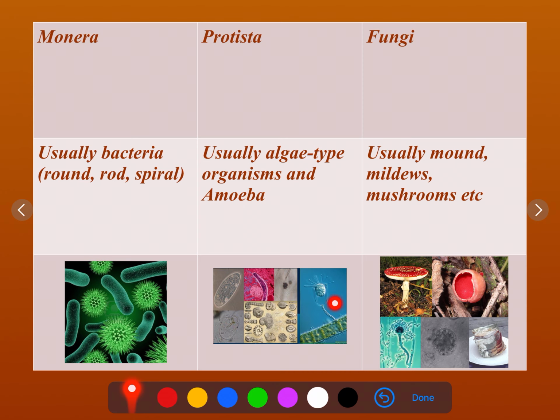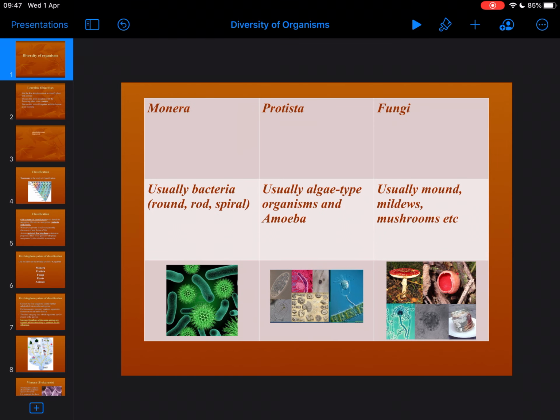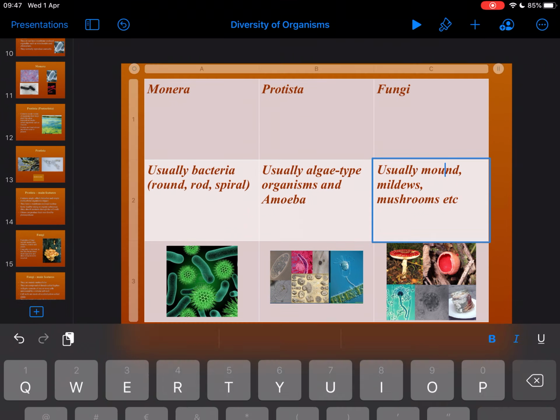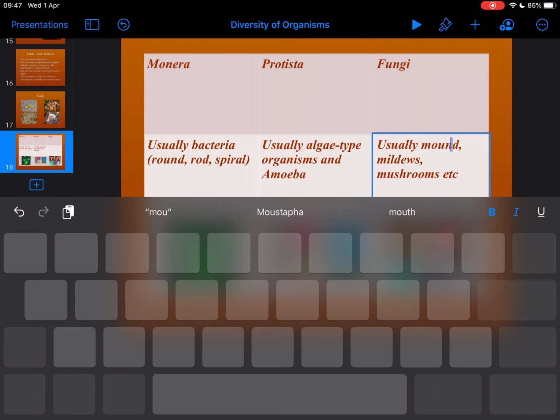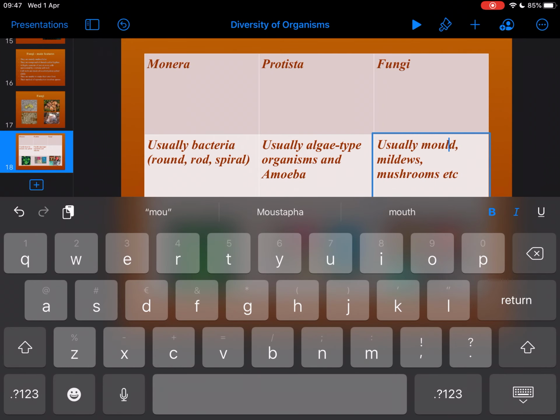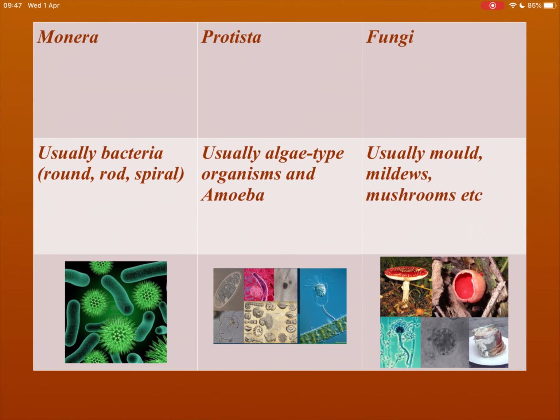So loads of these strange things that live in the sea are protists. They tend to be put in the protist family. Then fungi, usually mold, mildews and mushrooms, and they have that cell wall, remember, that's made of chitin.